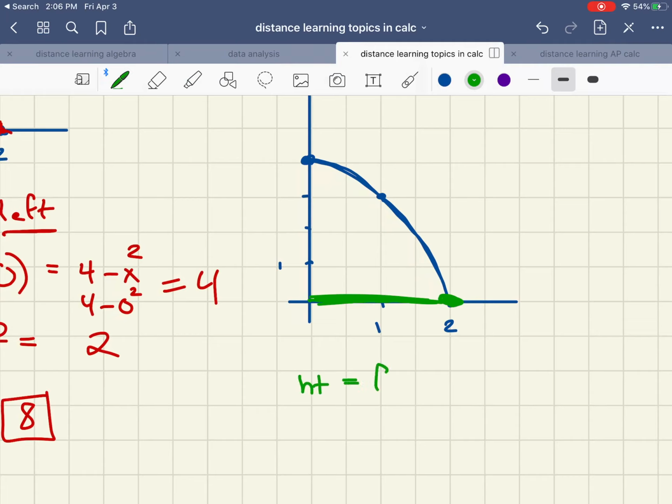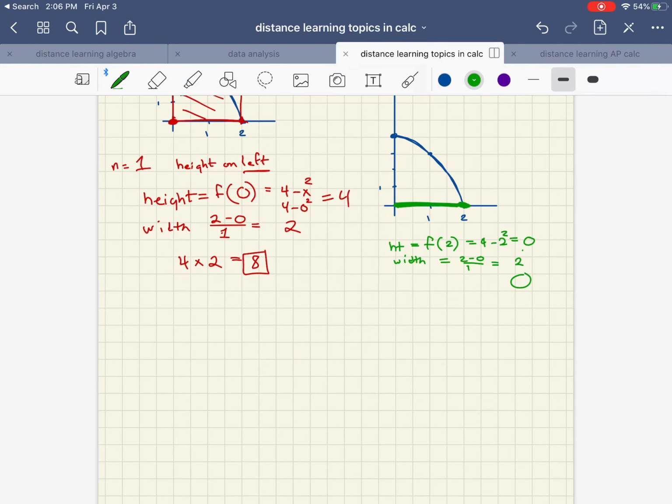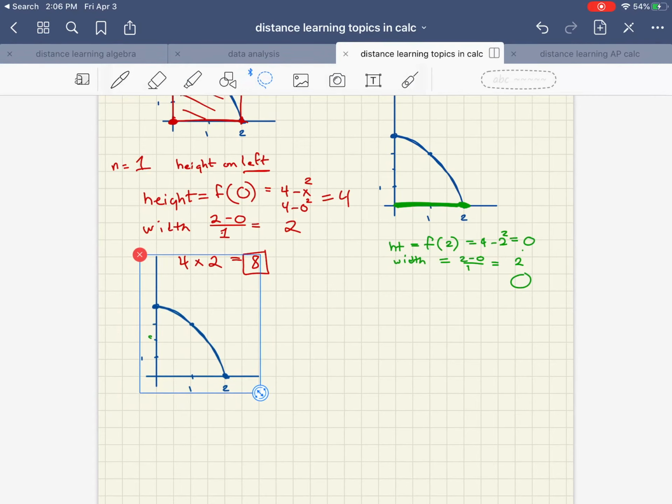Okay, so I'm going to do the height again is f of where my endpoint is. 4 minus 2 squared is 0. That's interesting. And the width is 2 minus 0. So the endpoint minus the starting point divided by how many rectangles. And that would be 2. Now it's not going to matter because 0 times 2 is 0. So the area of that rectangle is 0. Let's try one in the middle.